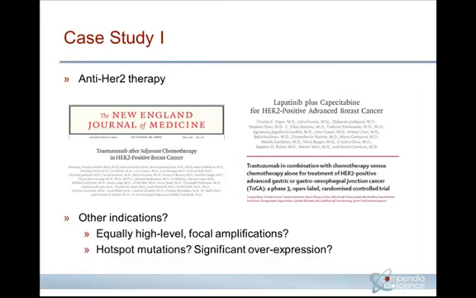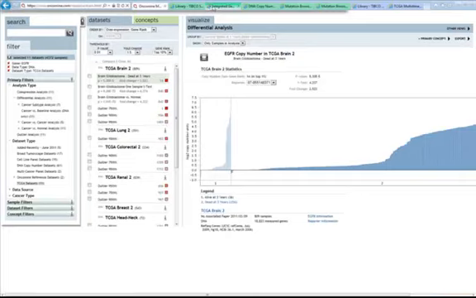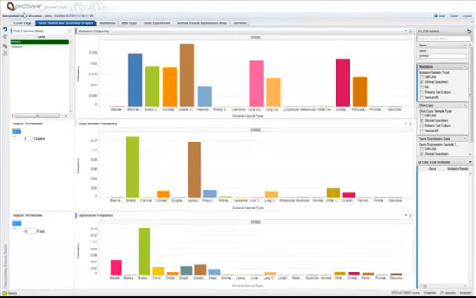And to investigate this, we're going to use the Oncomine power tool called the Integrated Gene Browser. This is a tool, as Matt said, that we just recently released. What I've done here is simply a search for HER2, and our first view on the HER2 genomic profile are these summary bar charts, summarizing at the top the mutation frequency of HER2, then the copy number frequency, where we're filtering cases that have greater than an estimated 4 copies at the HER2 locus, and then significant overexpression frequency, where we're filtering on cases that have tenfold overexpression of HER2 relative to the baseline.